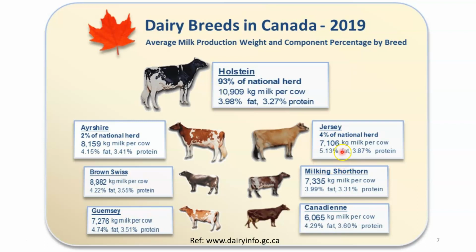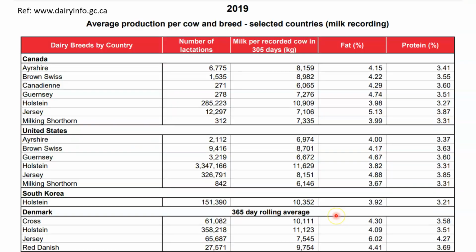Smaller animals can give more protein and fat, and they eat less. Maintenance is relatively low, and as far as our climate goes, they are more suitable to our more tropical climate and more resistant. So those kinds of things. These figures are from Canada.